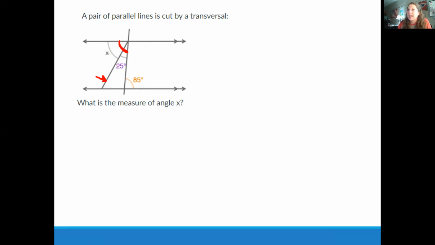That means that angle X plus 25 must equal 85 degrees, because these two are alternate interior angles with angle 85.